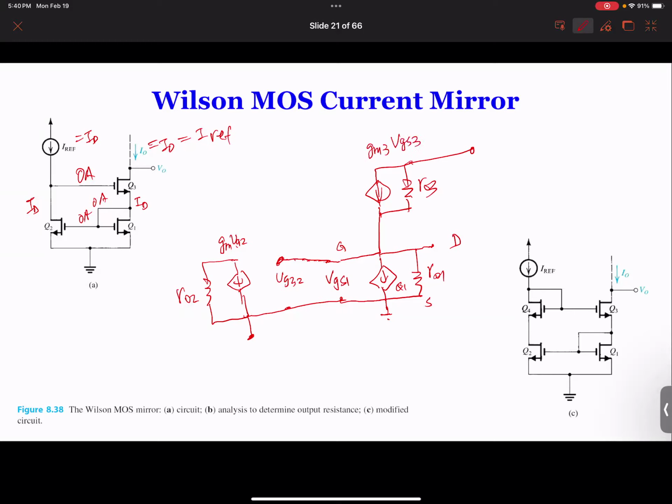Okay, so now where is the gate of Q3 connected? The gate of Q3, this is VGS. The gate of Q3 is connected to the drain of Q2.